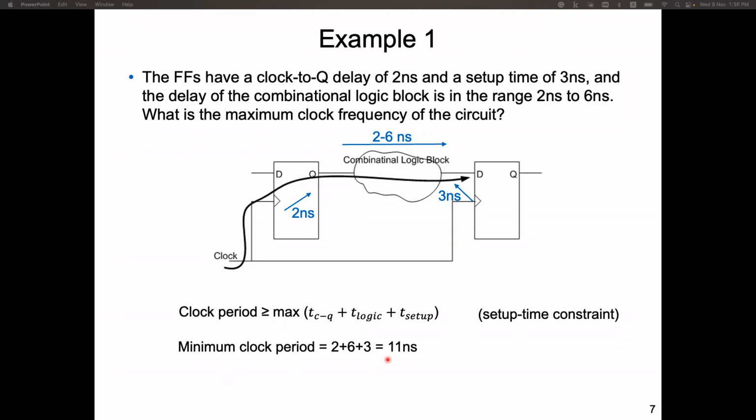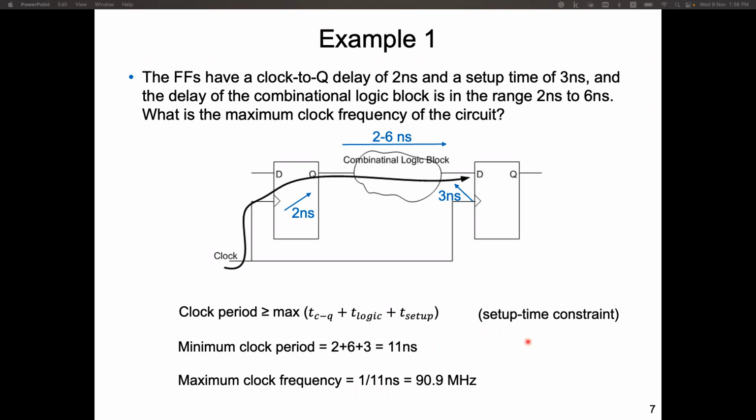And the frequency is the inverse of the clock period. That means the maximum clock frequency allowed in this circuit is 1/11 nanoseconds, which is 90.9 megahertz. So the clock frequency cannot be higher than this in order not to violate the setup time constraint. Okay, you get the idea.